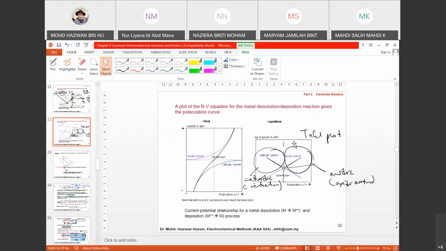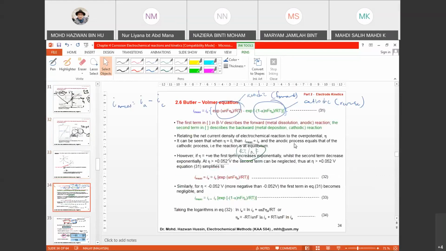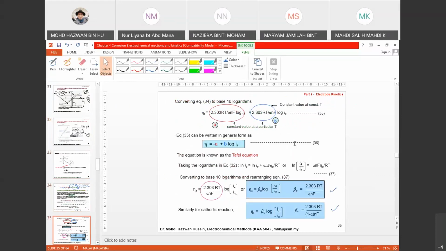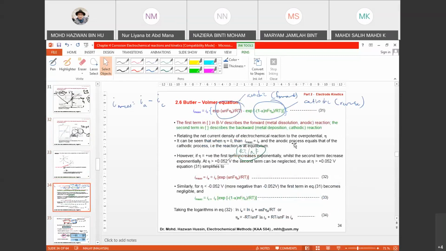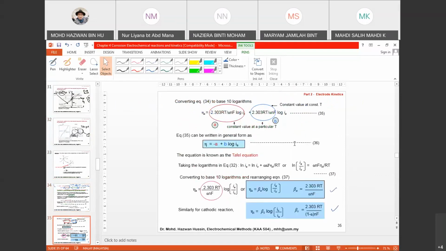So that is why I think the importance of writing the Butler Volmer is just to get you used to it, to get you to understand the concept. And the same thing, I think, for Tafel, how you can get the Tafel. But the Tafel derivation is quite simpler, because you can start from Butler Volmer. So you just account for anodic or also cathodic.